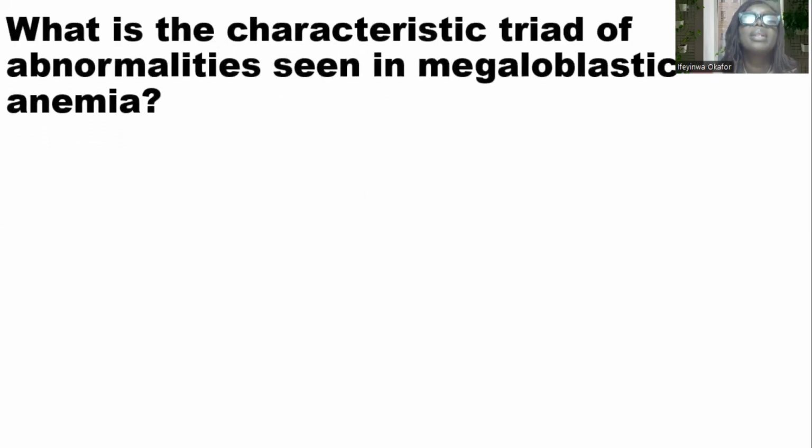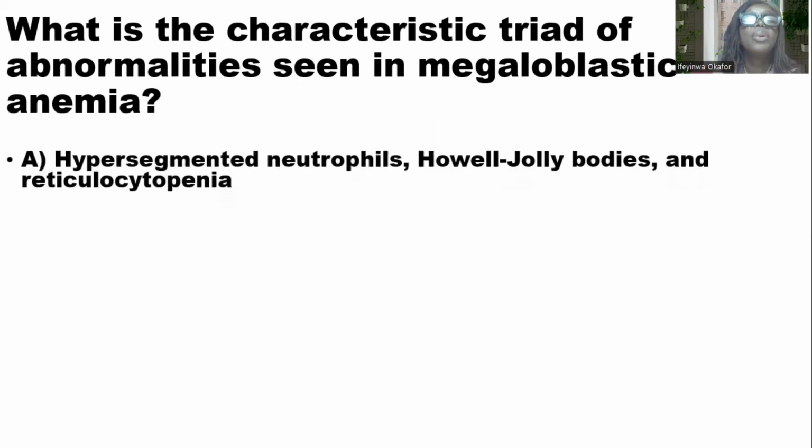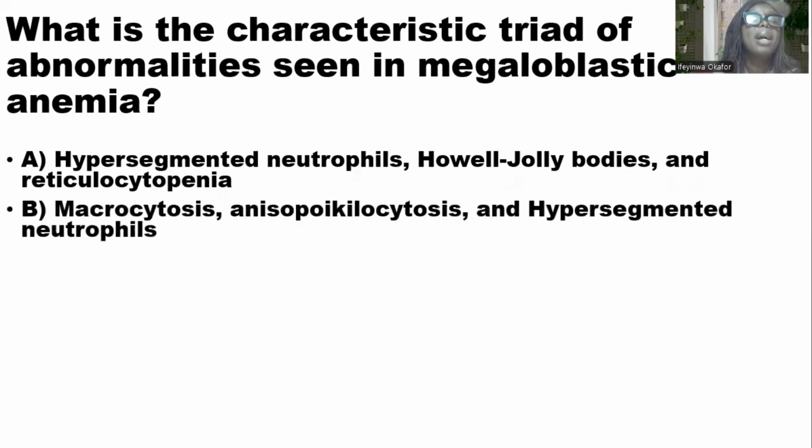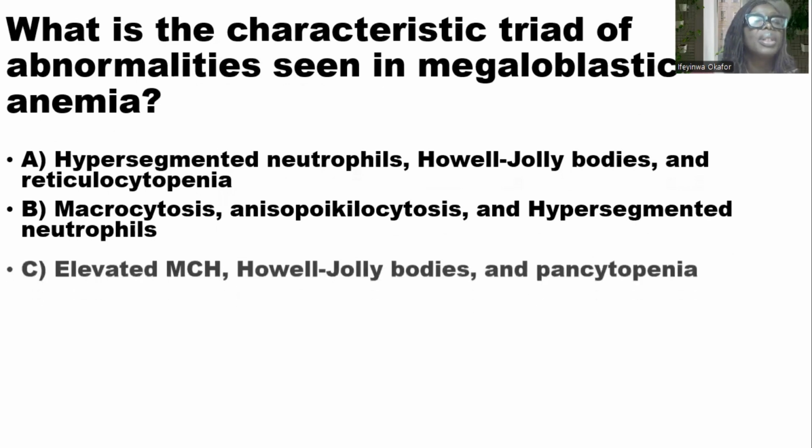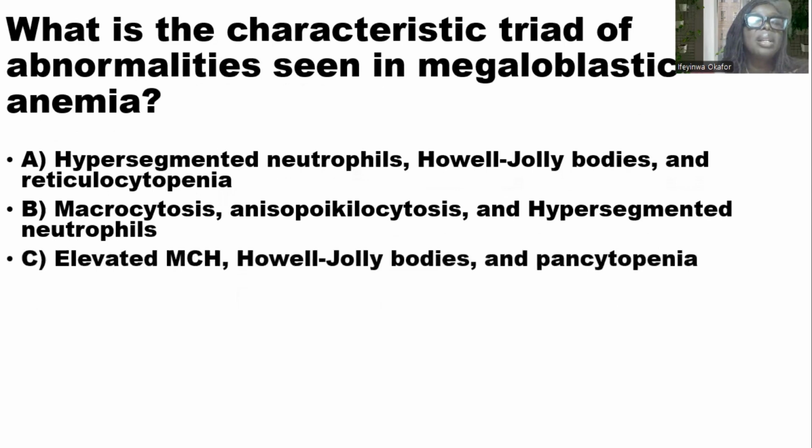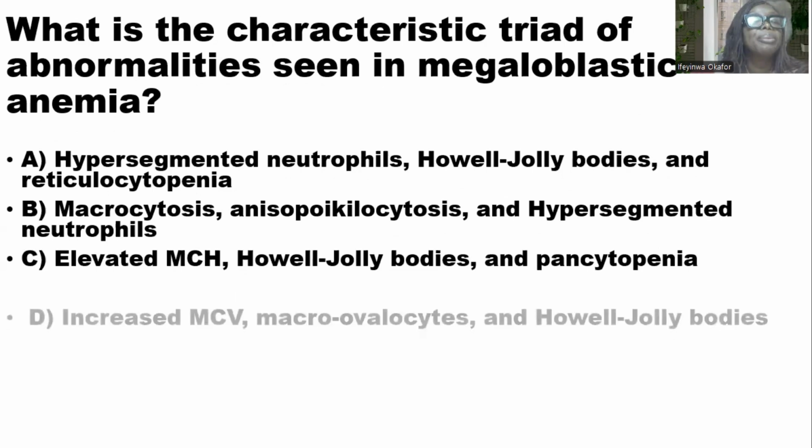What is the characteristic triad of abnormalities seen in megaloblastic anemia? We have hypersegmented neutrophils, Howell-Jolly bodies, and reticulocytopenia. B, macrocytosis, anisopoikilocytosis, and hypersegmented neutrophils. C, elevated MCH, Howell-Jolly bodies, and pancytopenia.